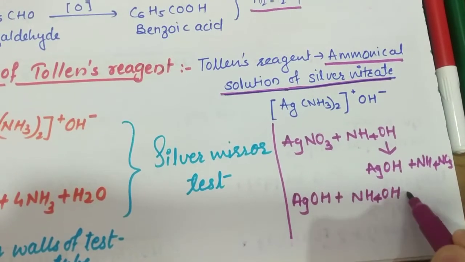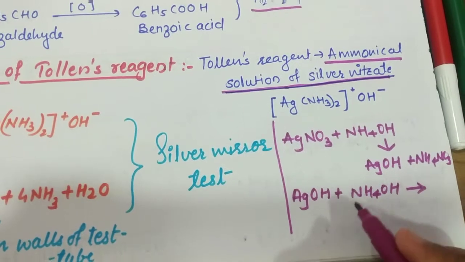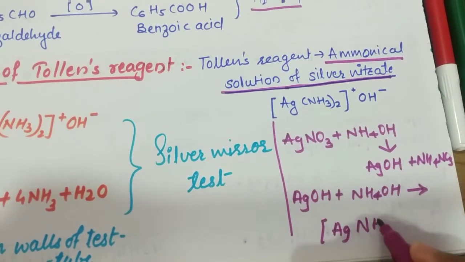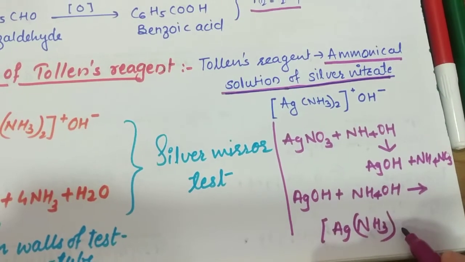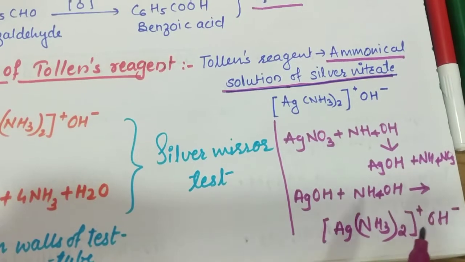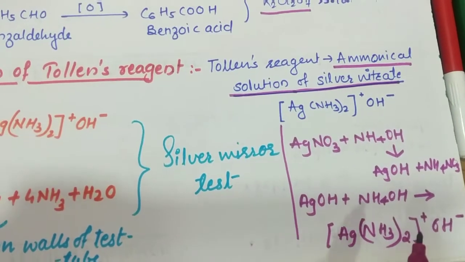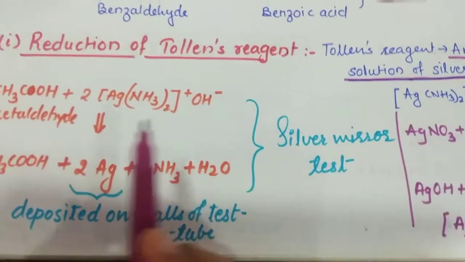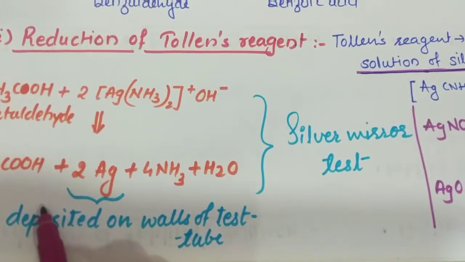This AgOH again reacts with NH4OH to give a soluble complex, and this complex, the ammoniacal silver nitrate solution, is termed Tollens reagent.